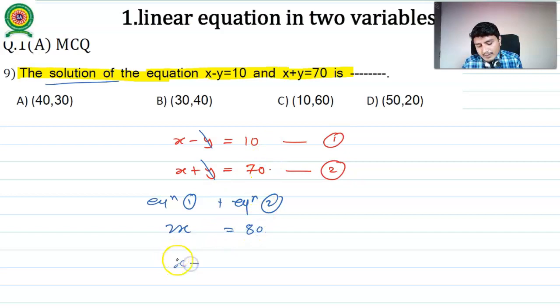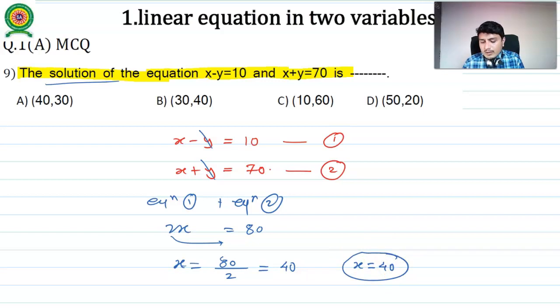To evaluate the value of x, once we shift 2 from LHS to RHS, 2x equals 80 is a linear equation in one variable, because we have only one variable, that is x. Once we shift the 2, the multiplier becomes a divisor, 80 divided by 2 is 40. So the value of x here is 40.